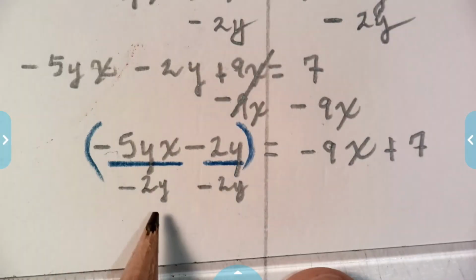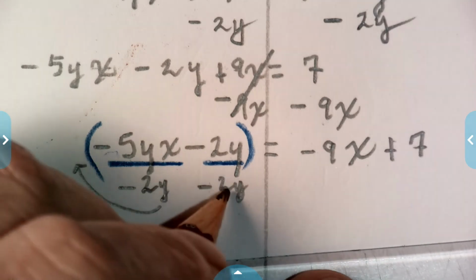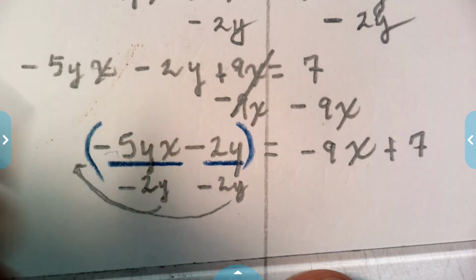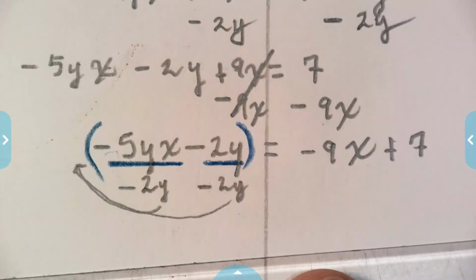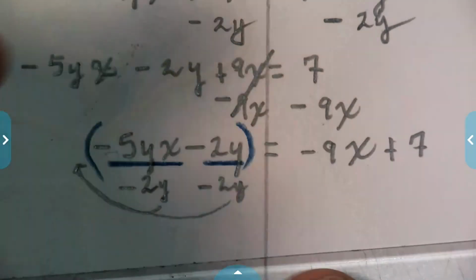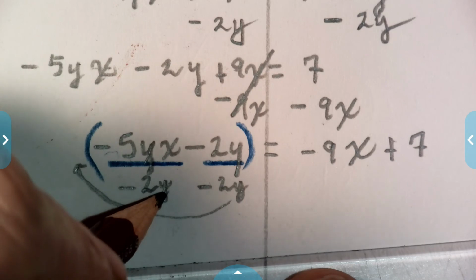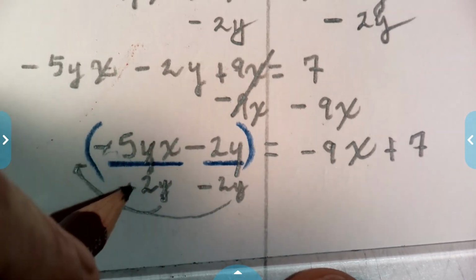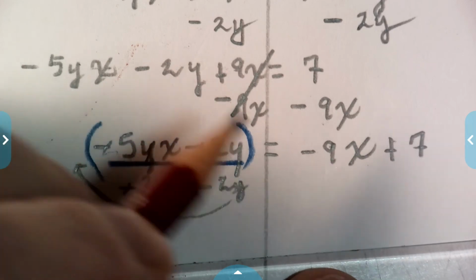Okay, and remember, that just pulls the terms over here. So what got canceled here? I canceled the y's, the negative signs and this 2.